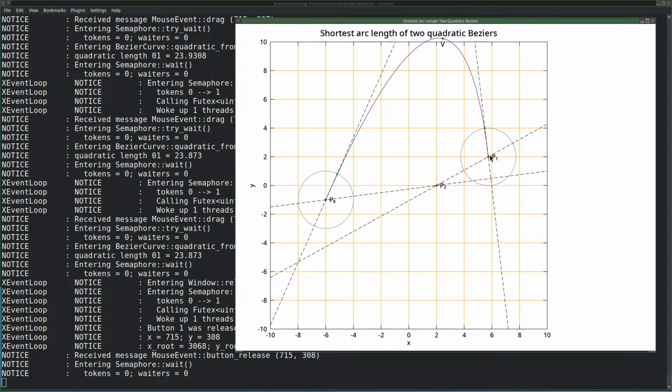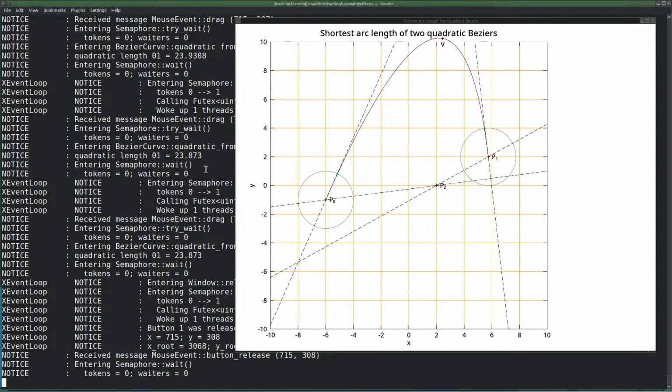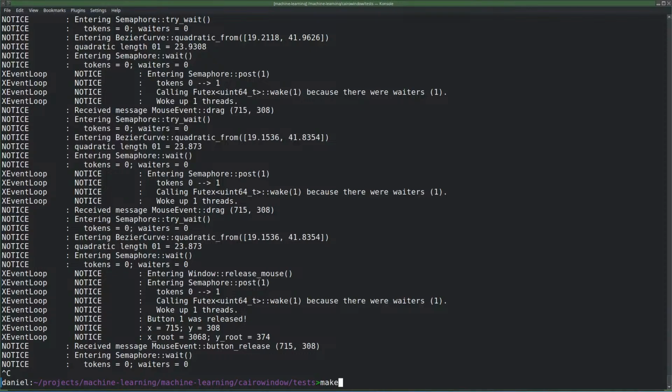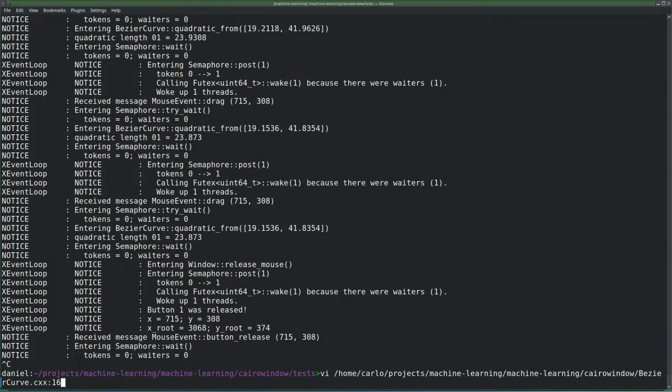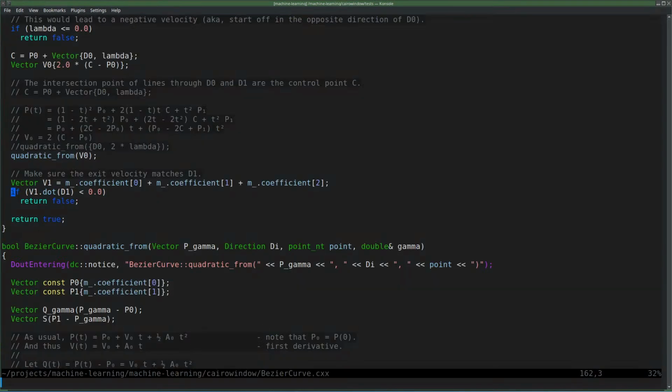Clearly V1, which should point down, is not the same direction as D1. So apparently I'm still calculating V1 wrong. But how? Because... Oh, wait a minute. Yeah, never mind. I'm just stupid. Everyone knows I'm stupid by now, right?